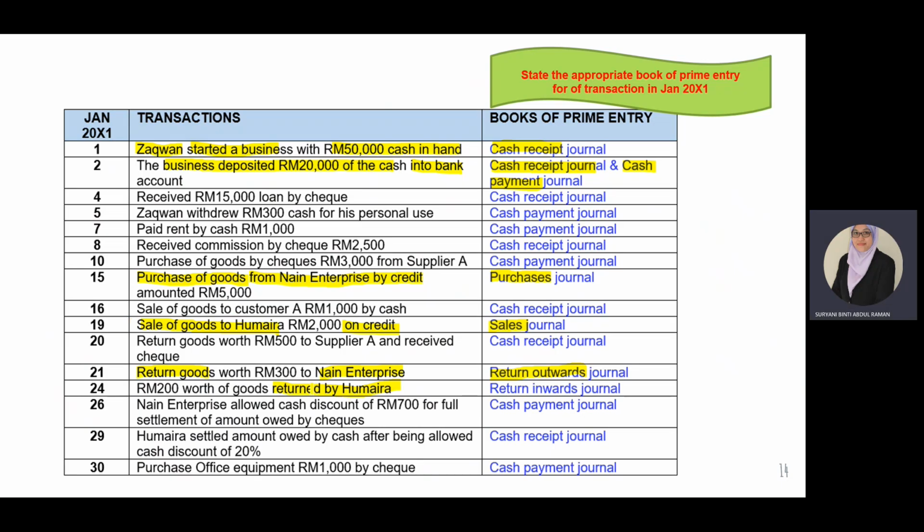So when she returns the good, we will reduce her debt. We don't pay her cash. So the most suitable journal will be return inwards journal. Okay, for the rest, you can see it involved the cash flow transaction. So you may identify whether it involved cash payment or cash receipt accordingly.